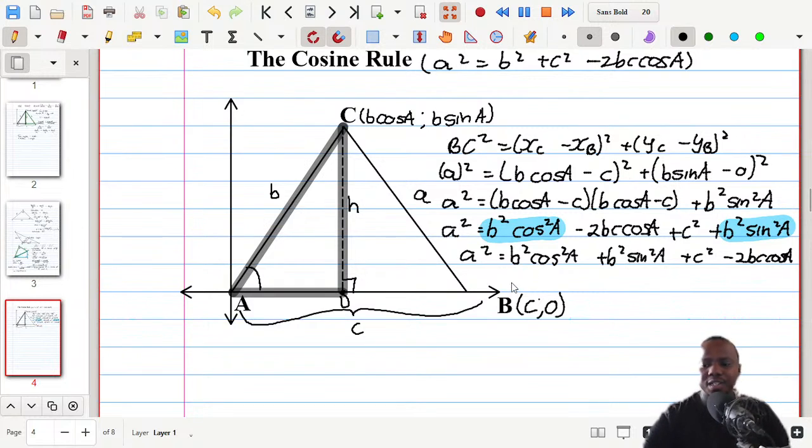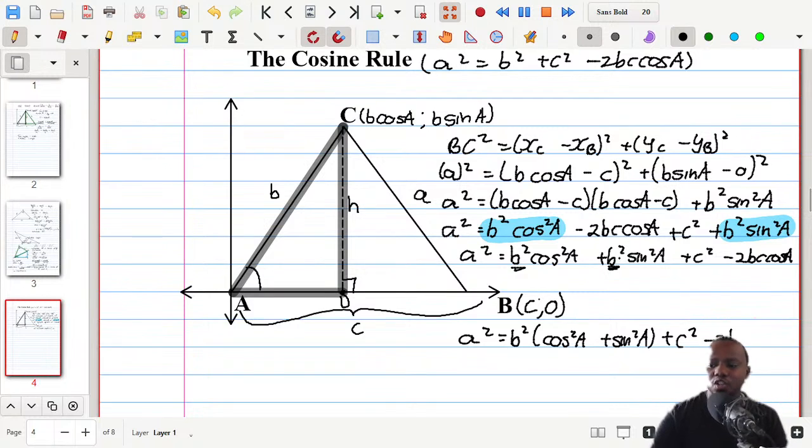Now, when we take out our common factor, let me continue on the next line. A squared is equal to, we have a common factor of b squared. So we take out b squared as a common factor and we remain with cos squared a plus sine squared a. Then this is plus c squared minus 2bc cos of a.